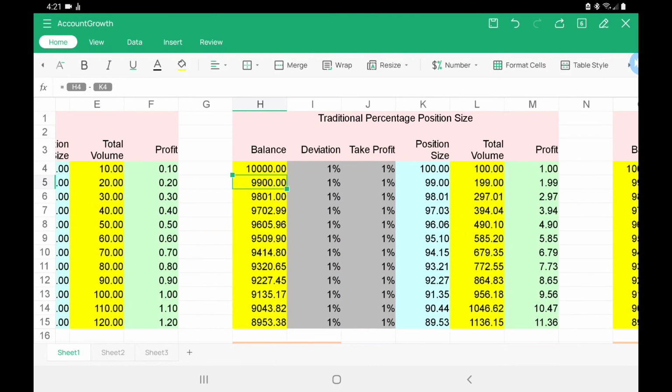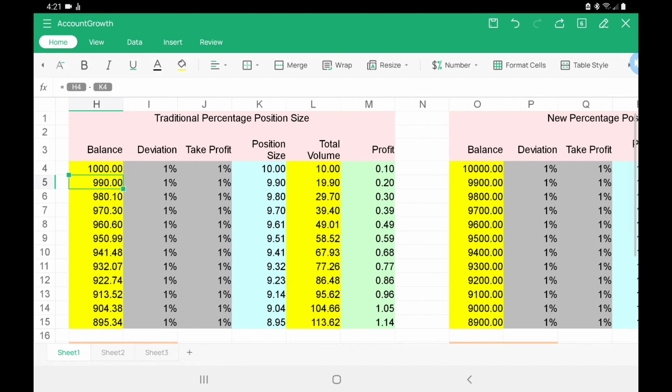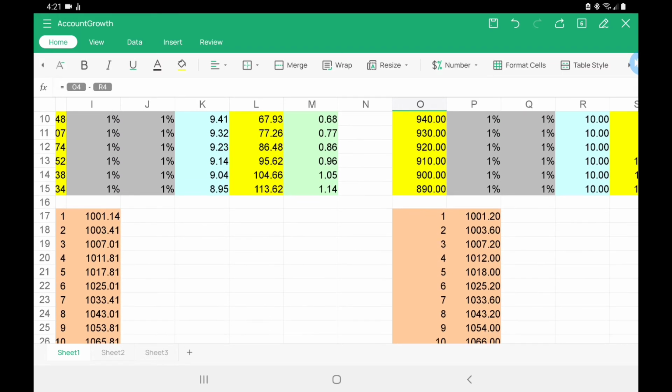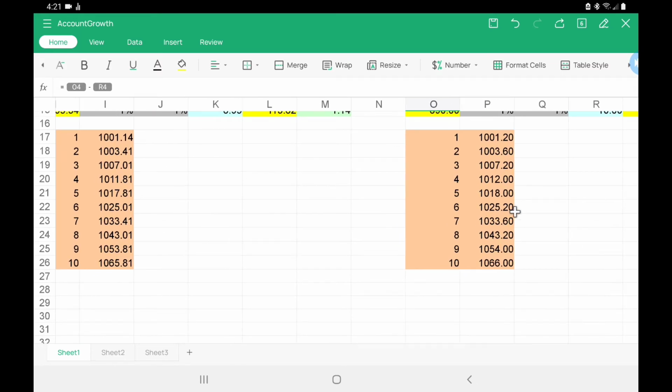So let's reset these back to 1,000. And as you can see, it's not very obvious at smaller numbers. The compounding is there, but not obvious. The subtlety, though, is important, because as it grows on its own, it becomes more pronounced.